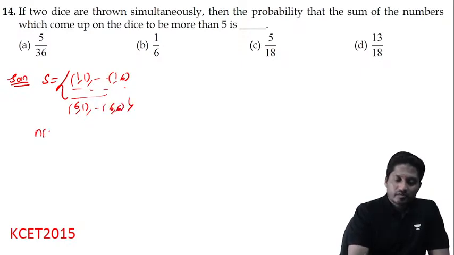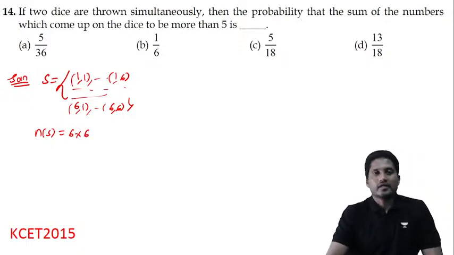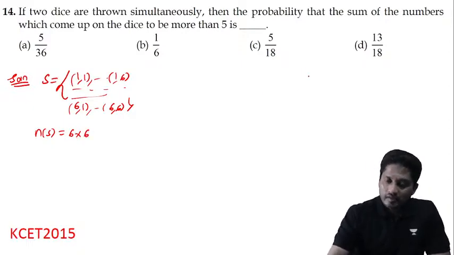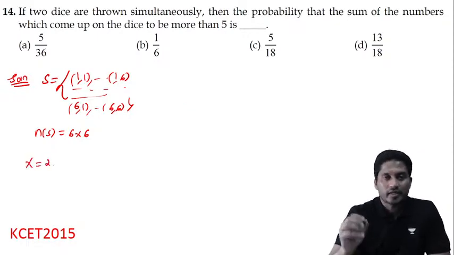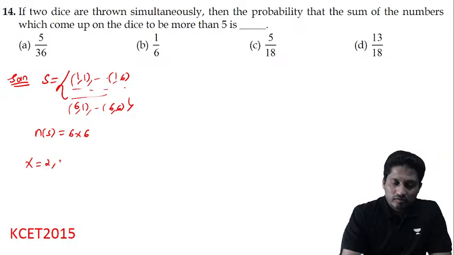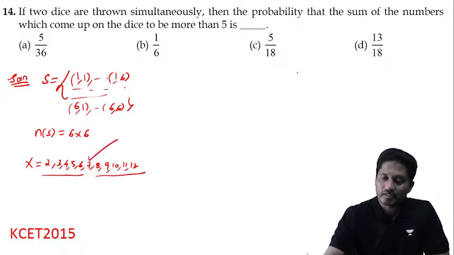N of S is equal to 6 into 6. Now two dice are rolled, sum of numbers: minimum sum is 2, maximum is 12. 2 3 4 5 6 7 8 9 10 11 and 12. 4 on the left, 5 on the left, 5 on the right. Middle term is the seventh term only.